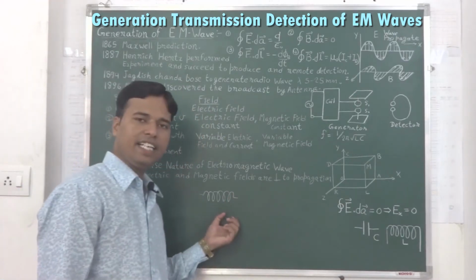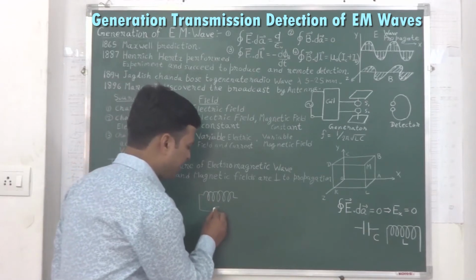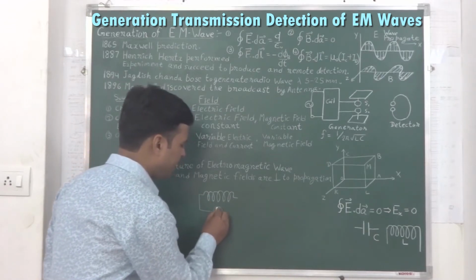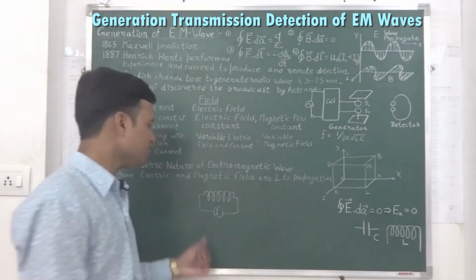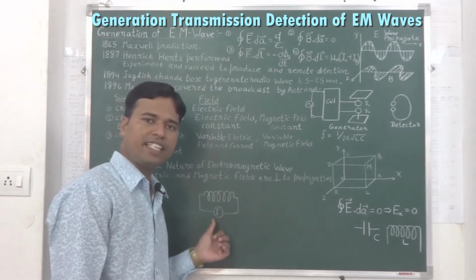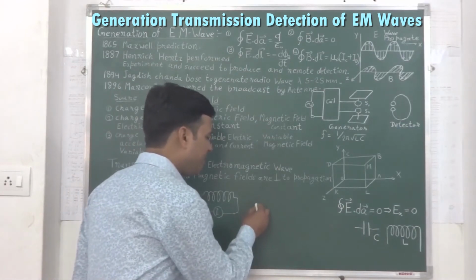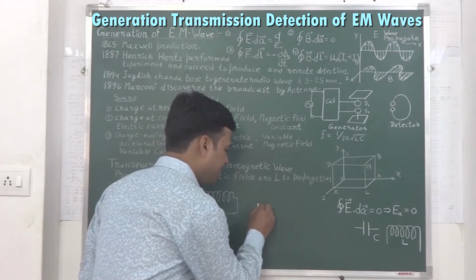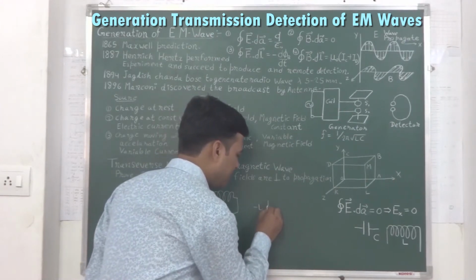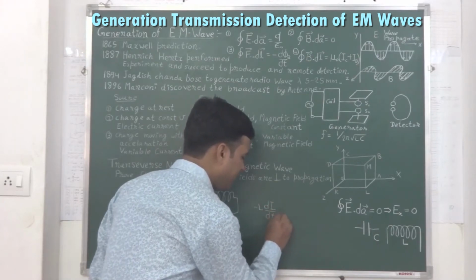If there is a time varying electric field or time varying current connected to this coil, due to the self-inductance of this coil, an induced voltage will be generated as negative L di upon dt.